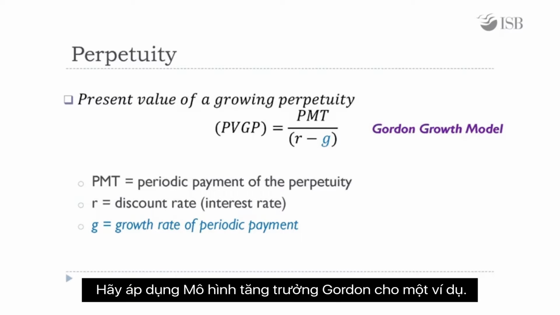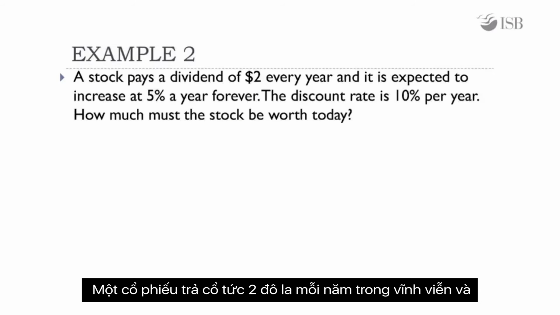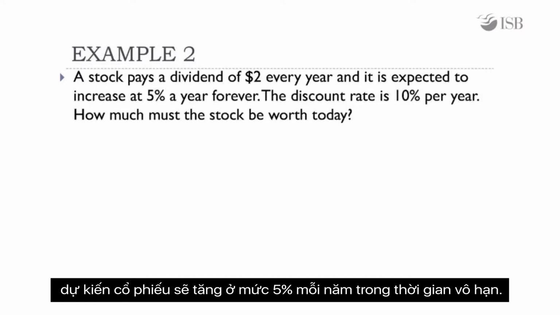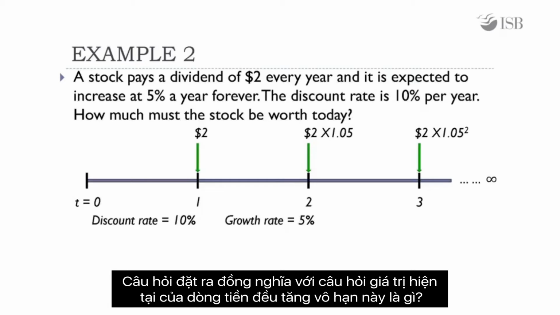Let's apply the Gordon growth model to an example. A stock pays a dividend of $2 every year forever and it's expected to increase it at 5% a year forever. The discount rate is 10% per year. How much must the stock be worth today? The question asks us what the present value of this growing perpetuity is.